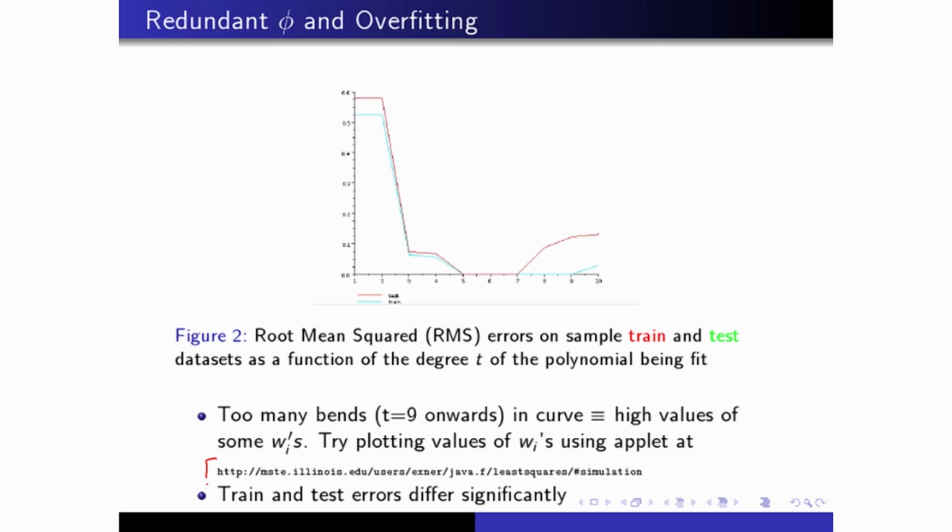I have provided a pointer to an applet. You could go to this applet and try plotting the linear regression function with different values of phi. So recall that phi could also be a polynomial basis. And what does this polynomial basis mean?